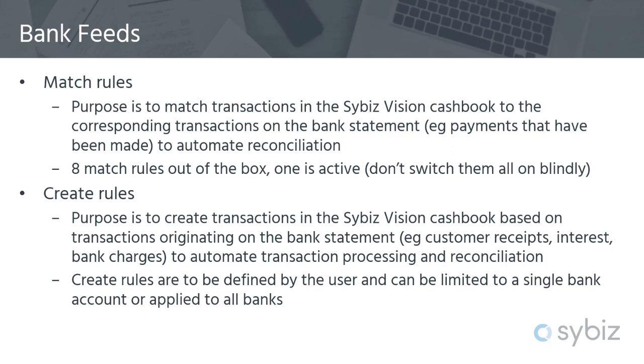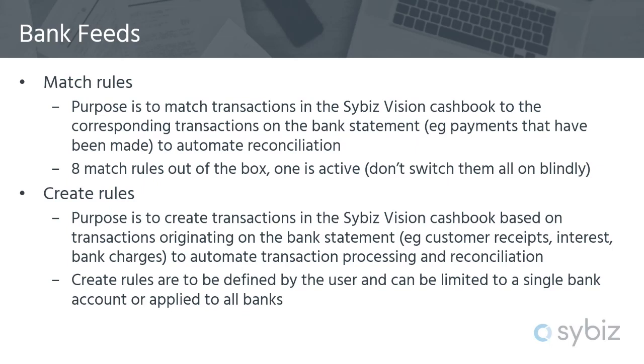And the create rules, these are ones that are totally within your control to create. So there are none that ship with the software. You create those yourself based on what's right for your organization. So there are decisions you need to make, like if you've instructed your customers when they do a direct deposit into your bank account to use their customer code, for example, then you will create rules that will be based on customer code.